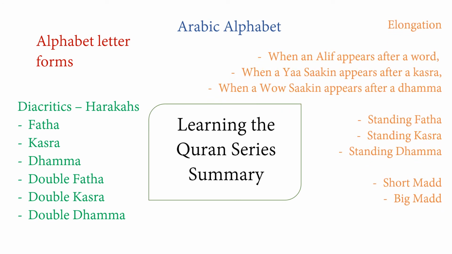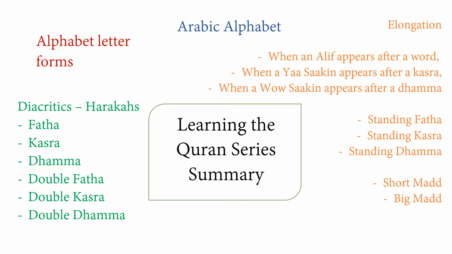So when an alif appears after a letter, or when a ya sakin appears after a kasra, or when a waw sakin appears after a dhamma, you stretch it. You also stretch and elongate the sound when there is a standing fatha, a standing kasra, or a standing dhamma on a letter. And then the longest elongation comes from the muds.